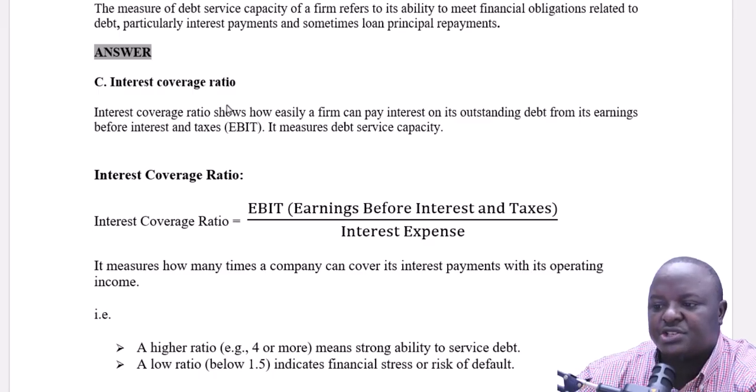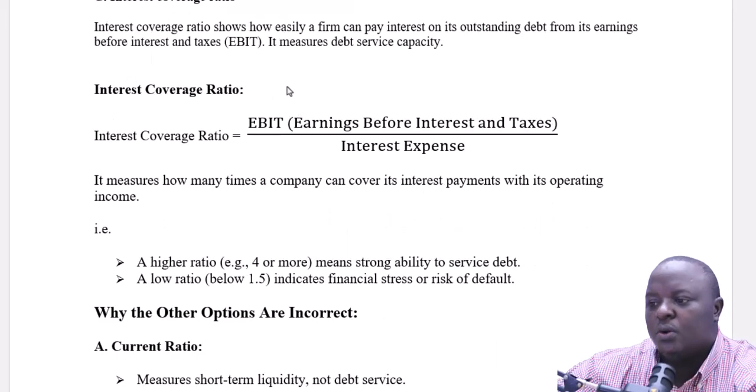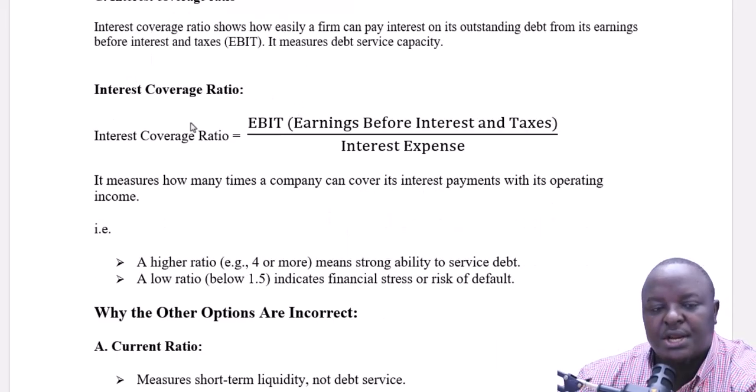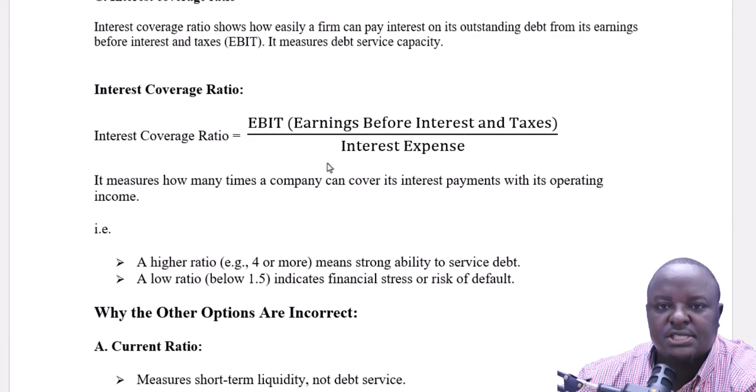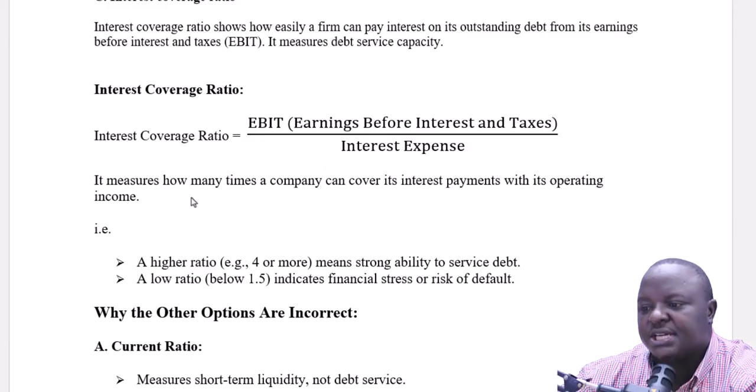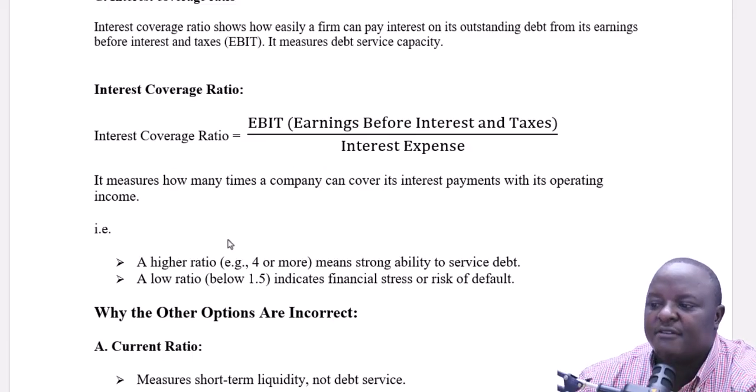When we calculate the ratio, we use the formula: interest coverage ratio equals earnings before interest and taxes divided by the interest expense. So it measures how many times a company can cover its interest payments with its operating income.